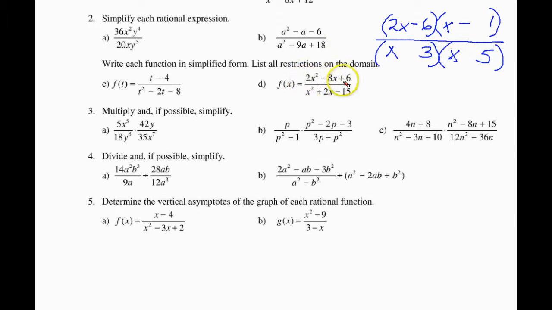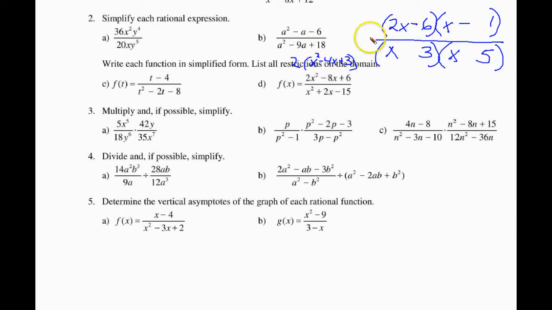But look up over here, and I didn't follow my own recipe. You're supposed to factor out any common factor. So when I failed to take out a 2 from each of these terms here, which would make this then x squared minus 4x plus 3, I ended up with factoring that.